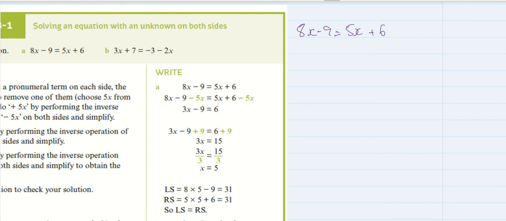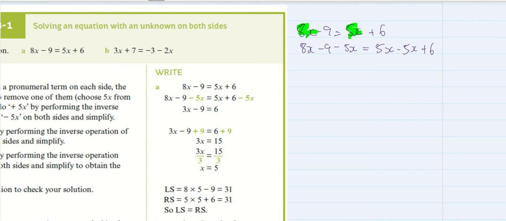What I want to do is put pronumerals on one side and constants on the other side. So let's move that 5x to the left hand side. We go 8x take 9 take 5x equals 5x take 5x plus 6.